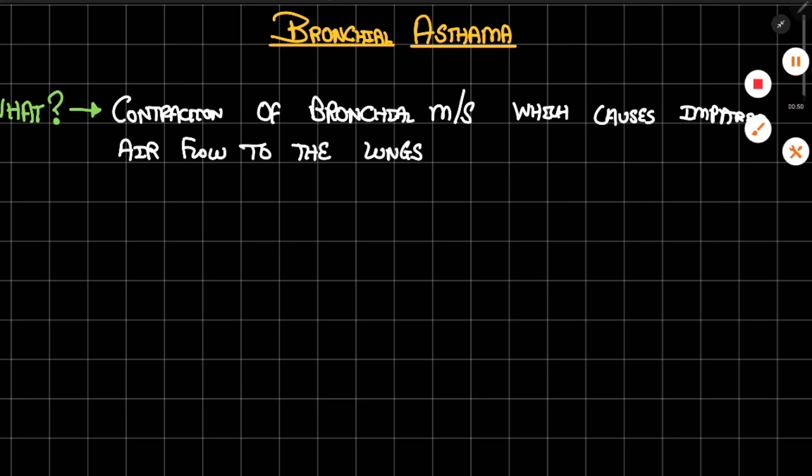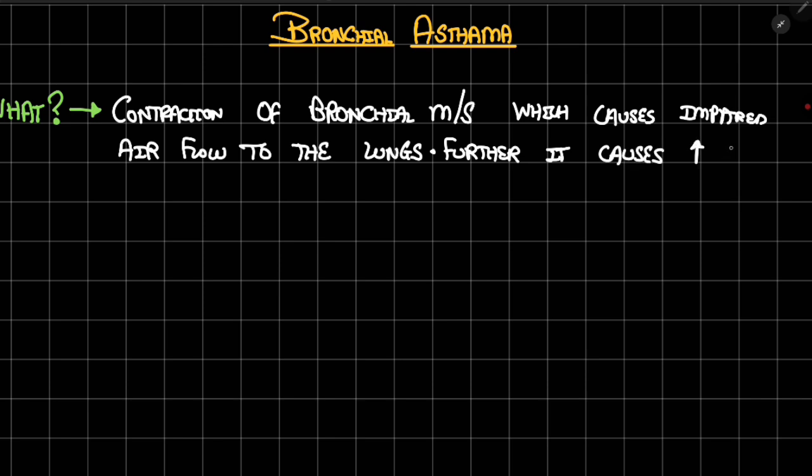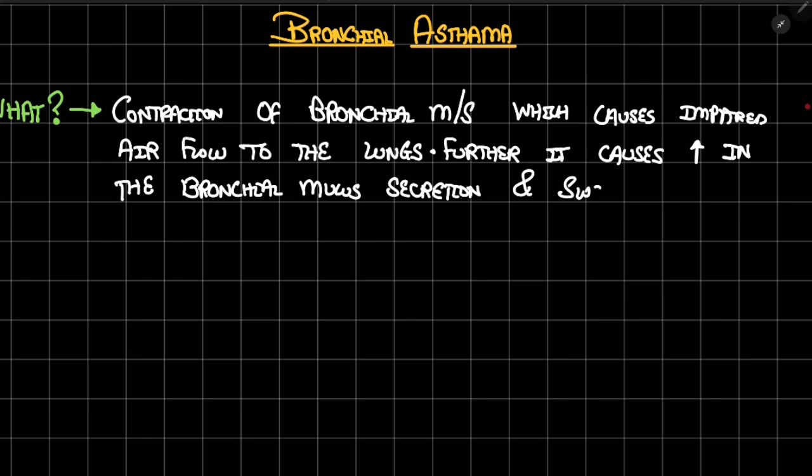Contraction of bronchial muscle causes impaired airflow to the lungs, and further it causes an increase in bronchial mucus secretion and swelling of the bronchial mucosa.